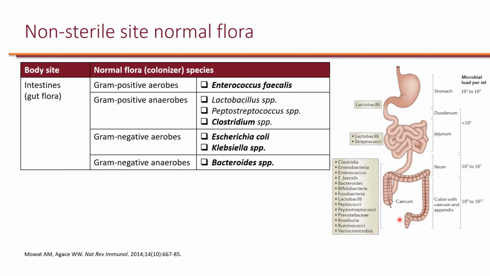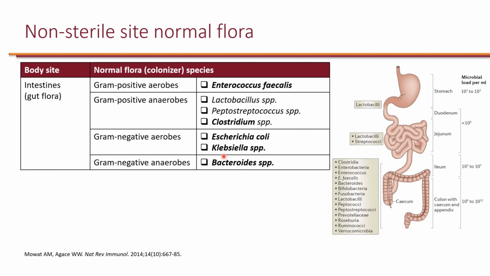So we want to avoid unnecessary antibiotics in order to preserve the flora. And when we cannot avoid antibiotics, we want to use them for the shortest amount of time in order to minimize the collateral damage caused by antibiotics.